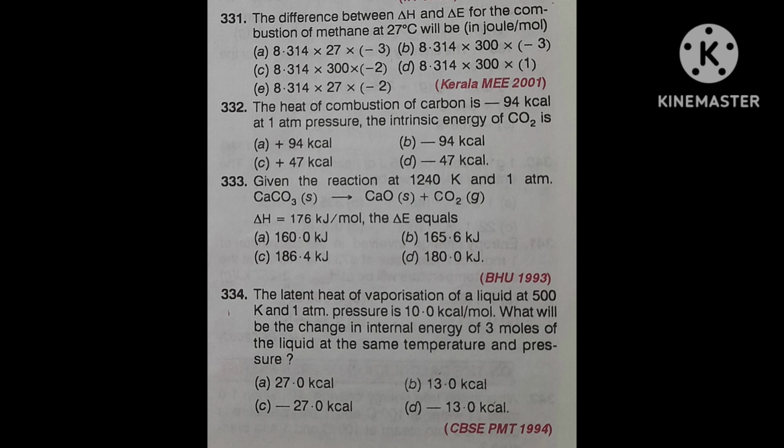This is the only important thing in this question. C is equal to 0, oxygen is equal to 0. Then delta E is equal to only ECO2. Then ECO2 is equal to delta E, and delta E is equal to minus 94 kilocalorie. It is given in the question, minus 94. In the question only, the heat of combustion of carbon is minus 94 kilocalorie.